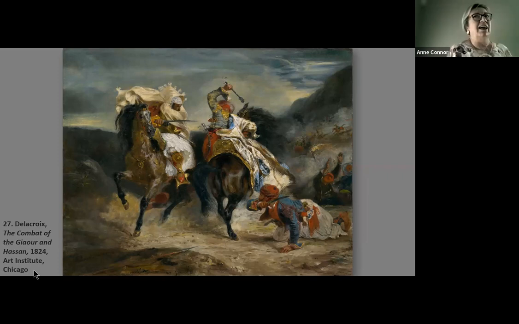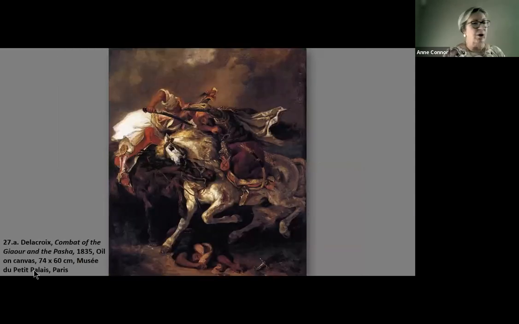So this is a painting based on a poem by Byron. He's going to redo that painting later on, after his visit to North Africa, in 1835.